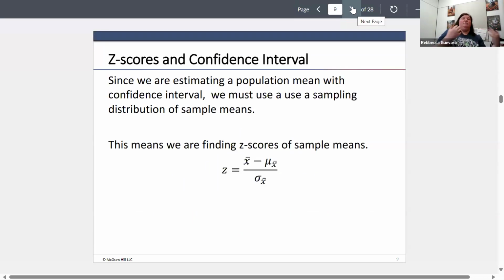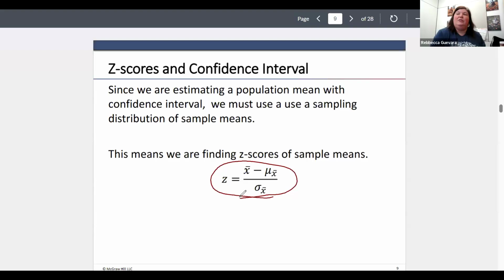So to remember z-scores, since we are estimating a population mean with a confidence interval, we must use a sampling distribution of sample means. This means we are finding z-scores of sample means. So those z-scores that I'm finding are going to be attached to this kind of z-score: x bar minus mu subscript x bar, divided by sigma subscript x bar.